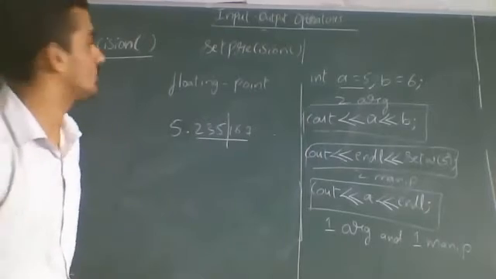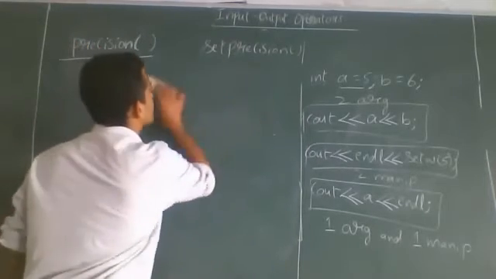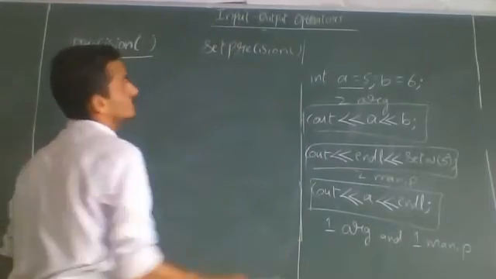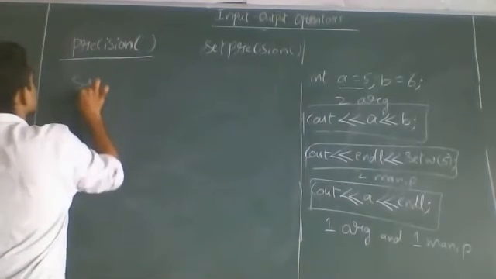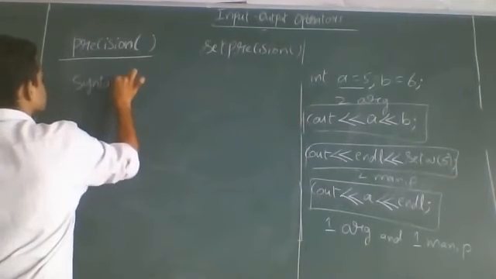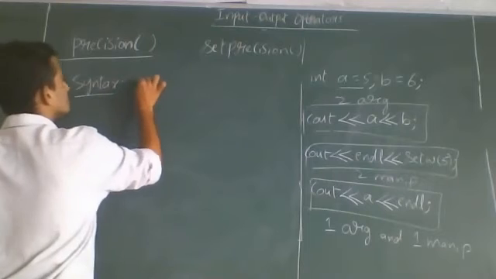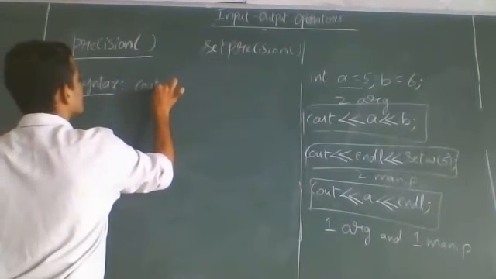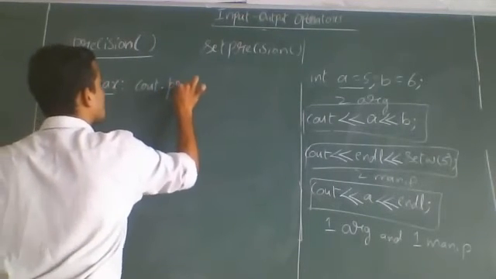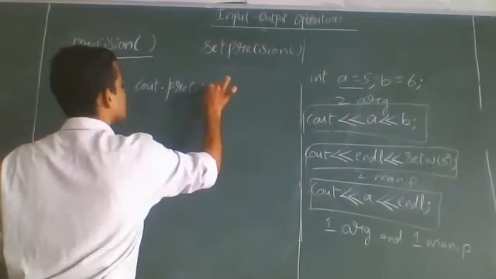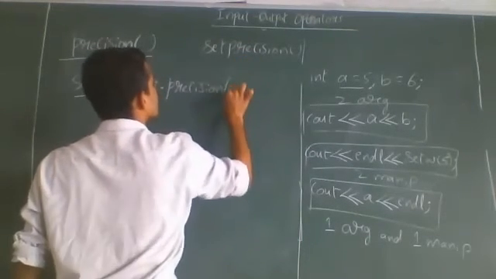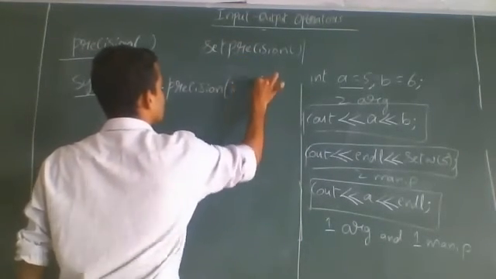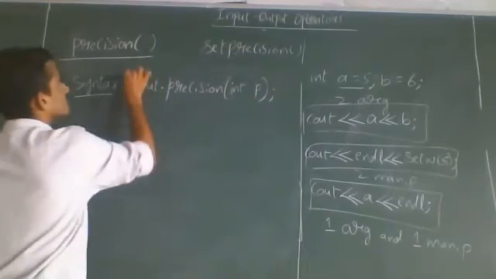Now we will see the syntax and example. So the syntax is cout.precision(P), where P is an int.